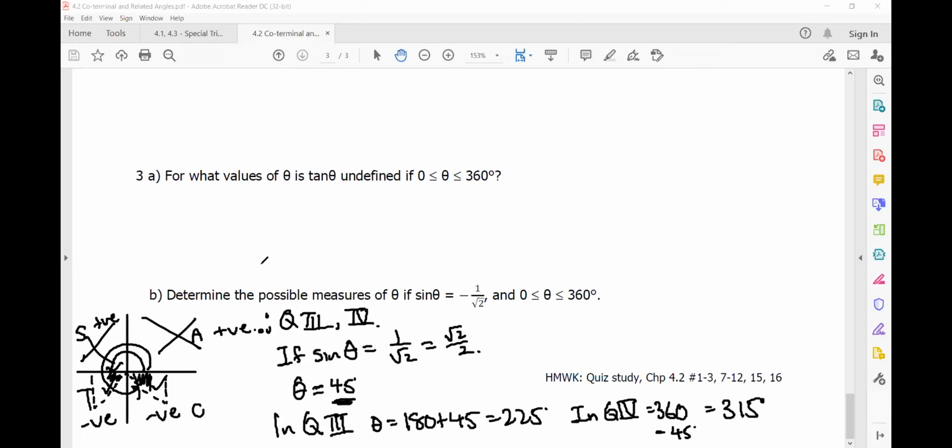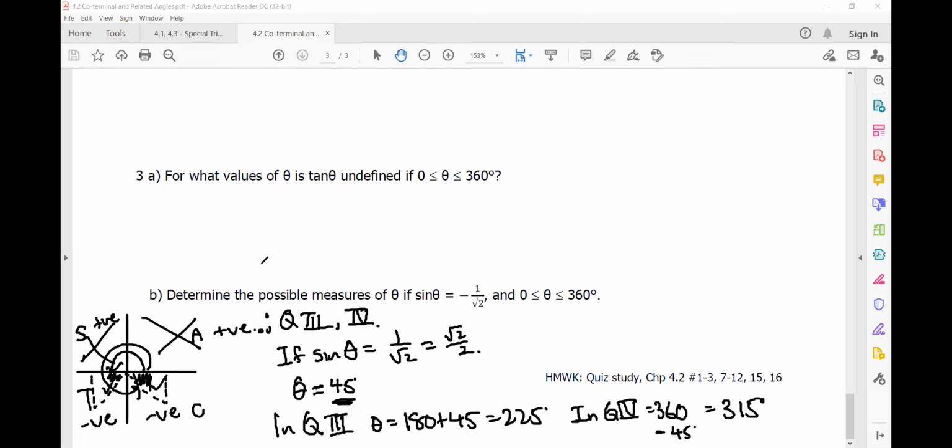And that is the essence of CAST rule, being able to see what's negative and identifying which quadrant it is. All of the questions you will see in this sheet are basically taking that idea and stretching it to see how far we can take CAST rule and how much it can help us in answering questions.